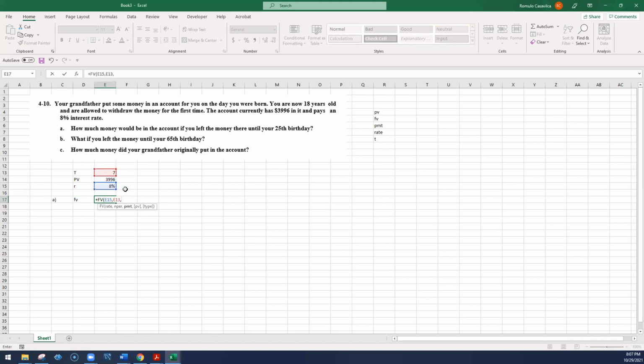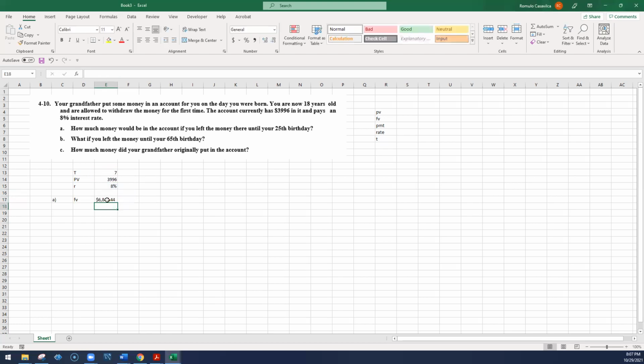If I have a yearly rate, I should express time in years. My payment is 0 because I don't make any payments, and my present value is this. I will put a negative so I get a positive. And I close it. So that's the answer.